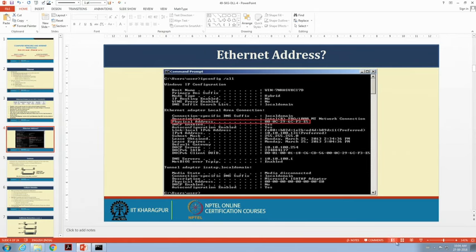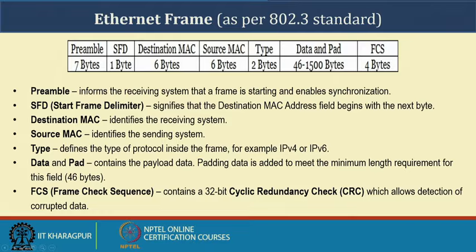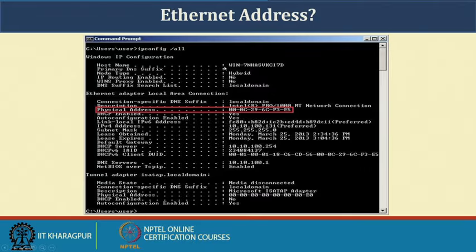So, in other words, what we want to say is that you can basically get the MAC address or the physical address, and we see that it is a 48 bit structure, which signifies the MAC address of the particular system. When we communicate, we require the source and the destination.